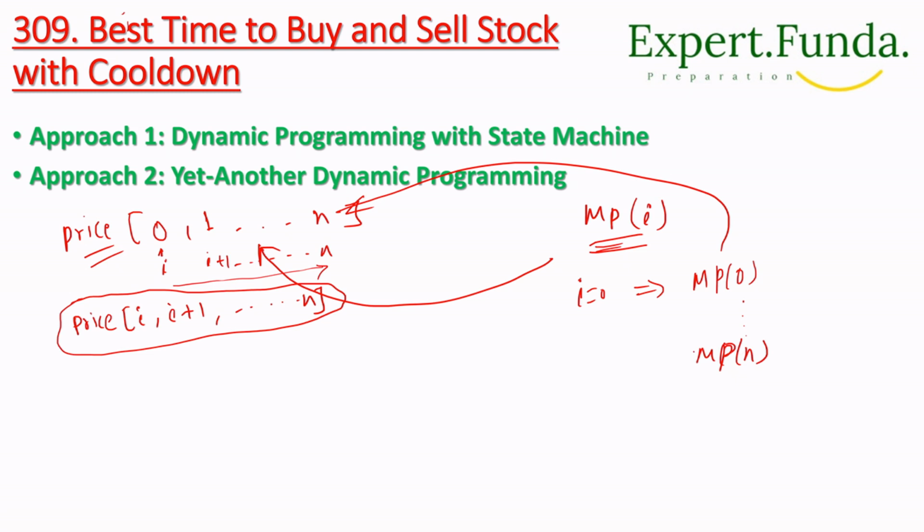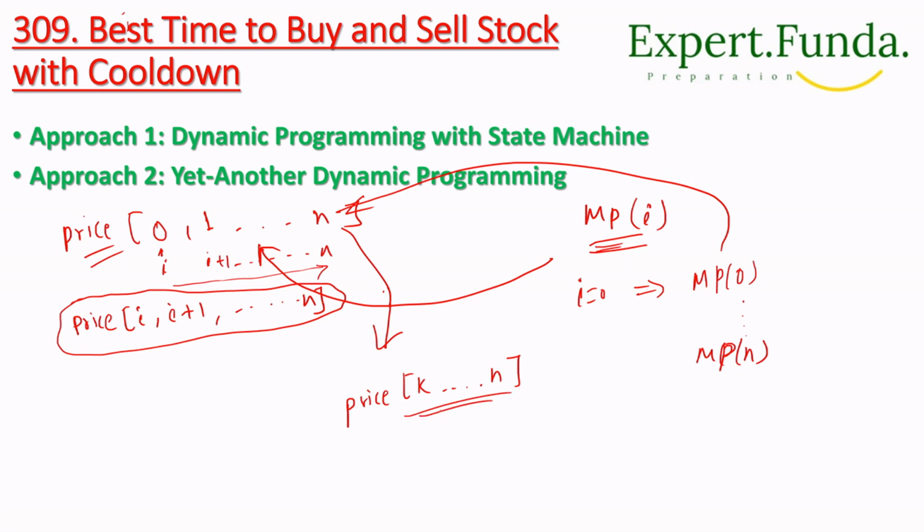So we know the maximum profit that we can gain from any subsequence. If we represent the subsequence of price as price of k, starting with k and going to n, then we are taking the MP of that price subsequence.